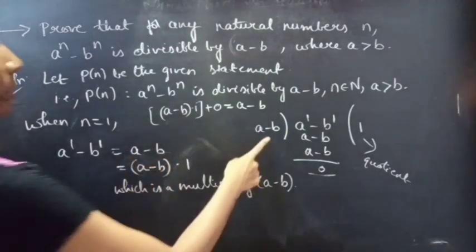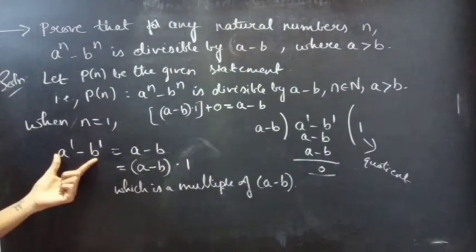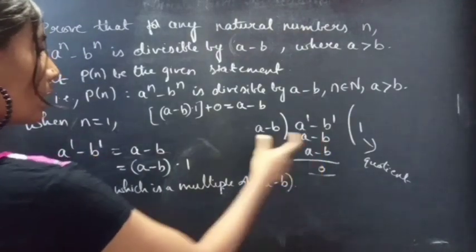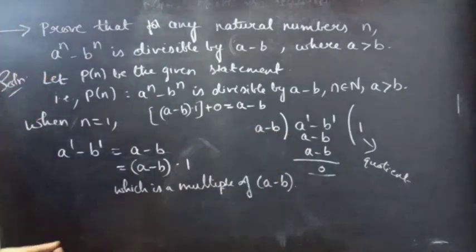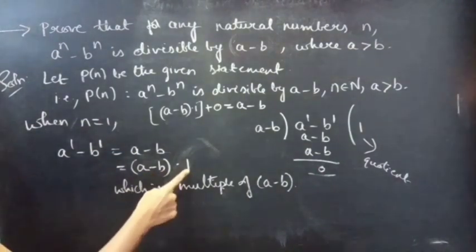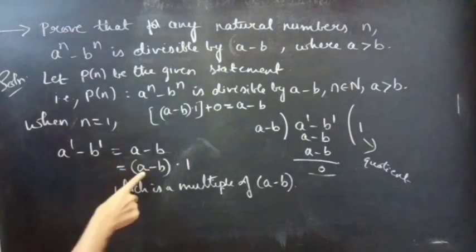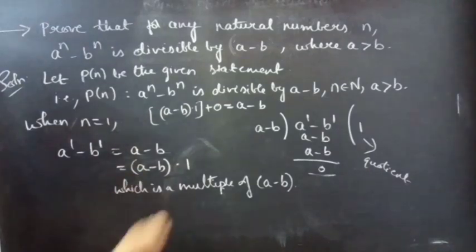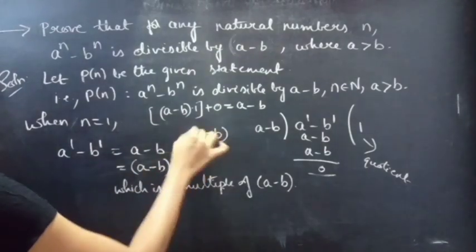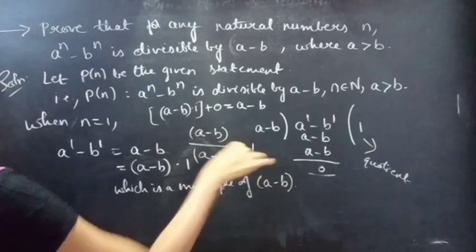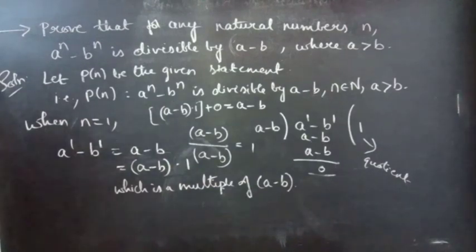See, a power 1 minus b power 1 is a minus b, and it is divisible by a minus b, right? Since a minus b is a multiple of 1, and also it is divisible by a minus b. A minus b into 1 is a minus b, divided by a minus b gives quotient 1.